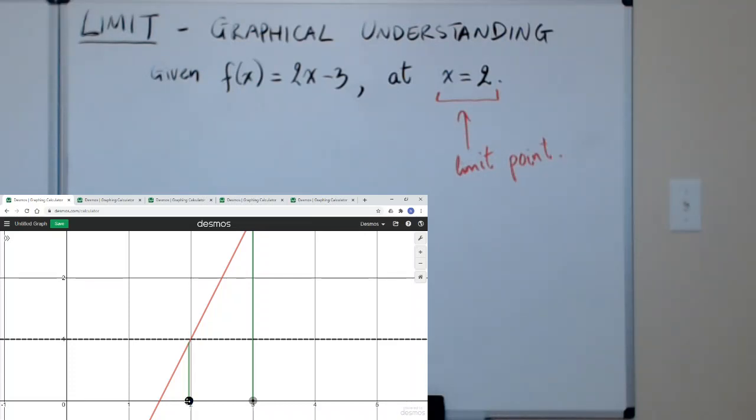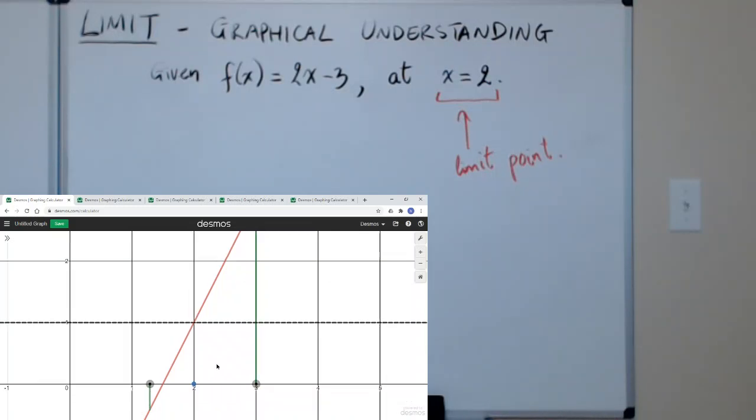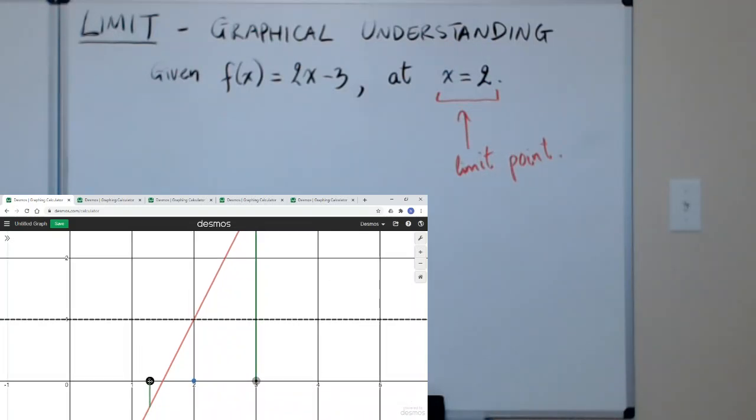All right, so once again, let me repeat. We are from somewhere far away from x equals 2, and then our black point is getting closer to 2. So the green height is making its attempt to get close to that height, y equals 1 right here.